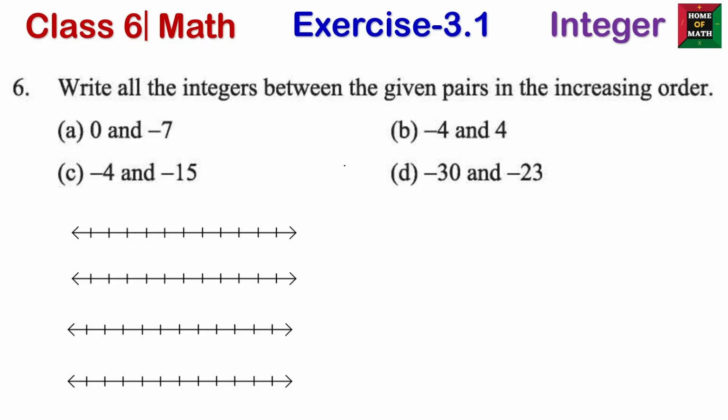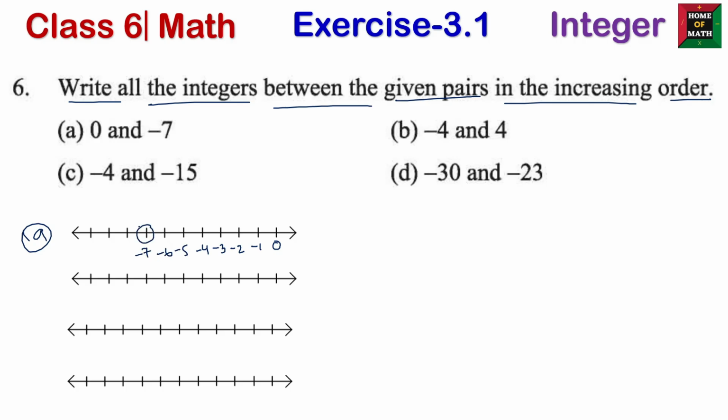Now look, this is also very important. Write all the integers between the given pairs in the increasing order. Number A, 0 and minus 7. So 0 we can consider this is 0 because here everything is minus. So this is minus 1, minus 2, minus 3, minus 4, minus 5, minus 6, minus 7.